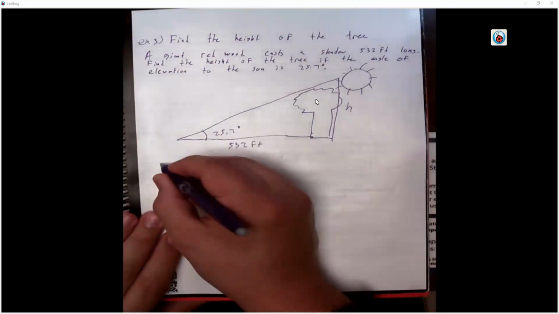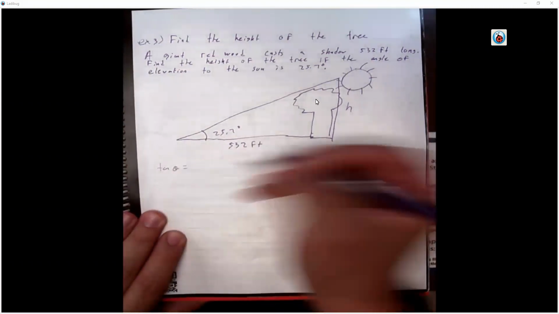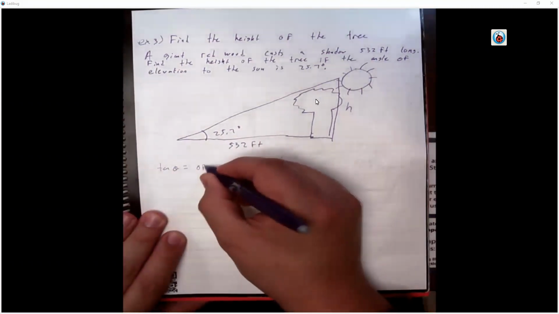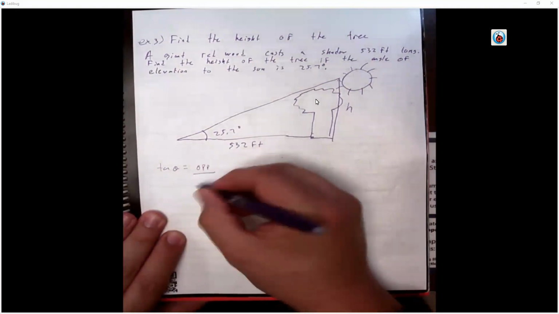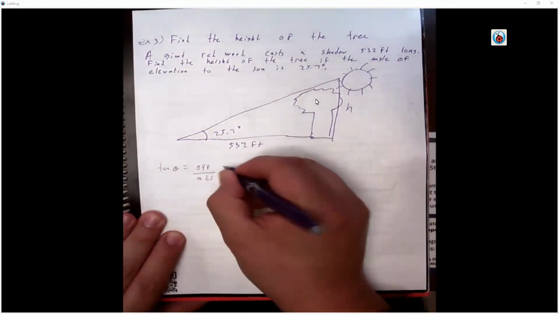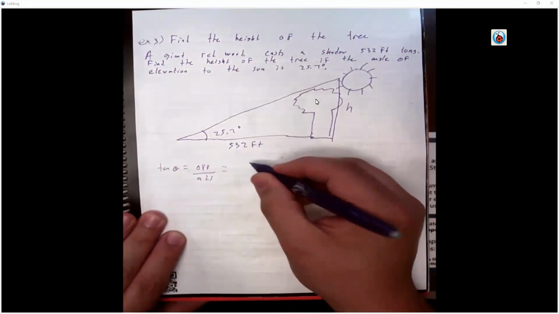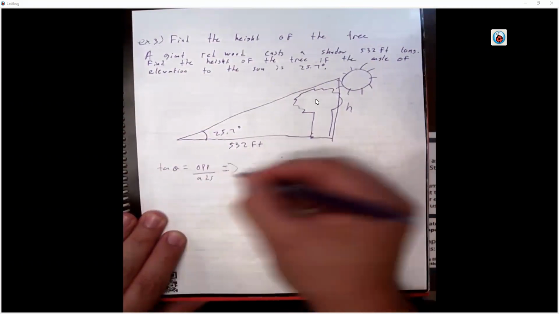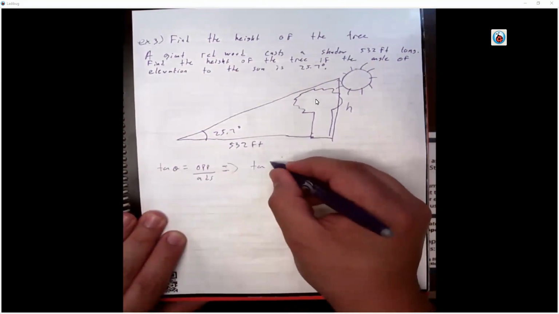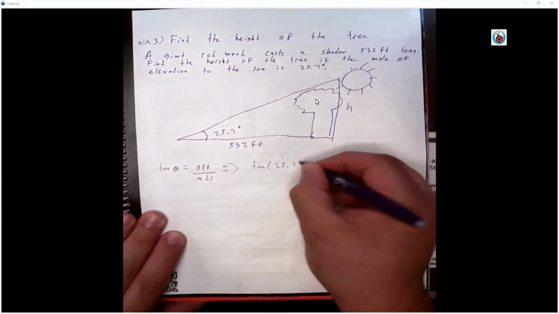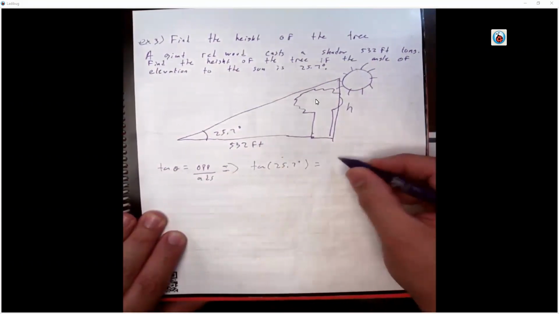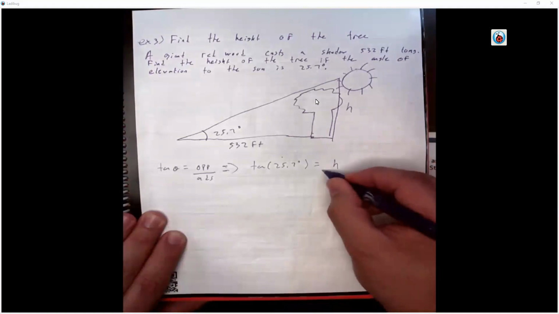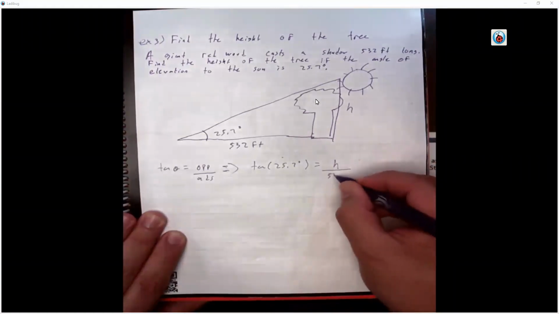I'm going to choose tangent just because it's equal to opposite over adjacent, right? Which in this case would be tangent of 25.7 equals the height, h, over the adjacent, 532.